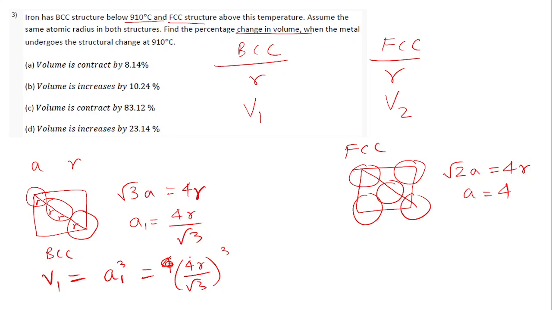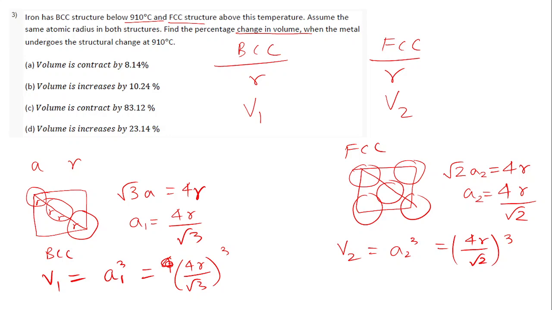Let's call it a1 for BCC, and radius we have been asked that it's the same. Let's call this one a2. a2 will be 4R by root 2. In this case, volume will be a2 cube, which is 4R by root 2 whole cube. This is the final volume.